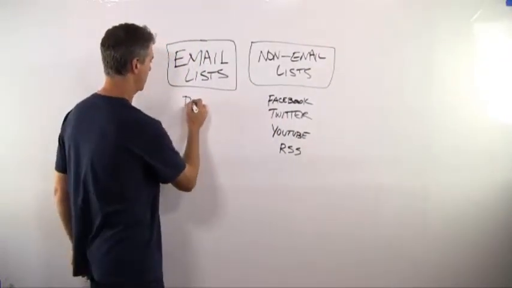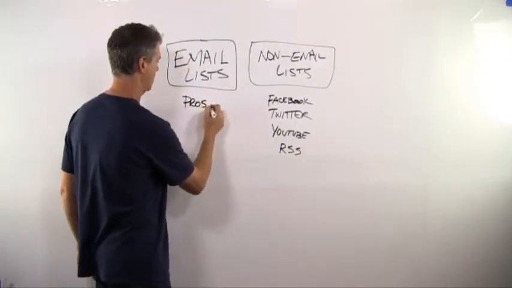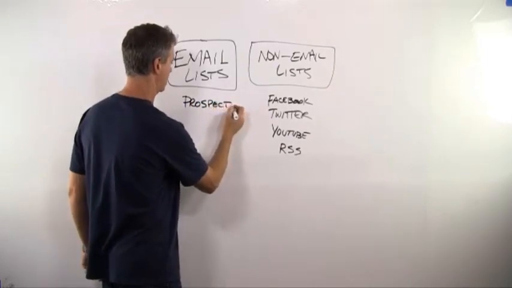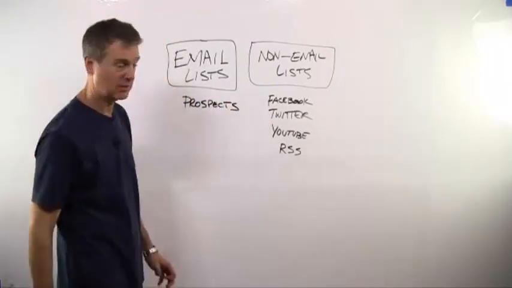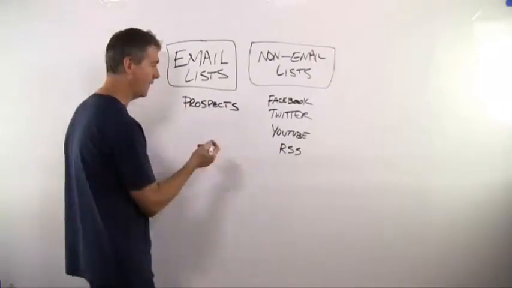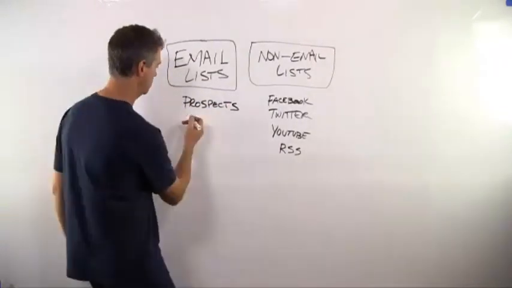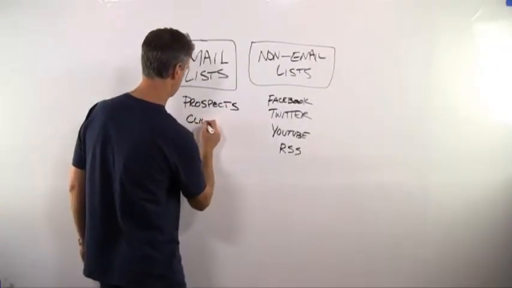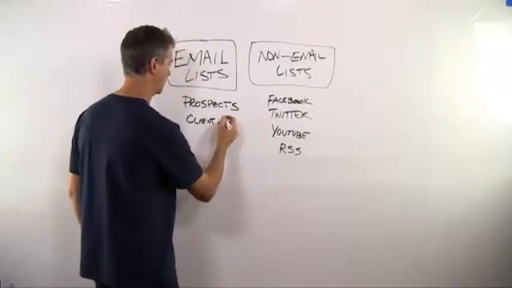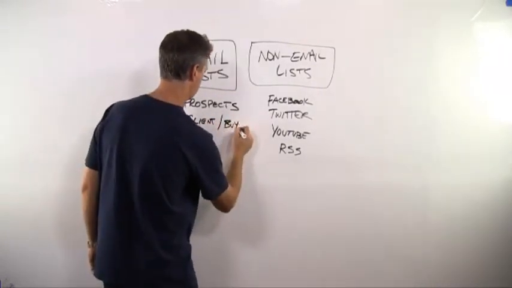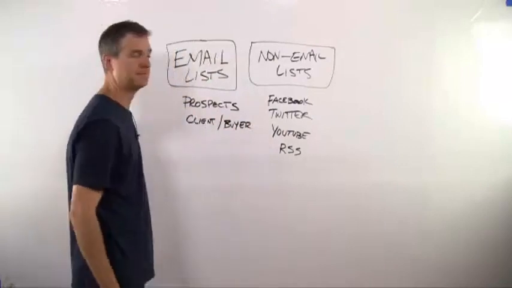Now, under email lists, there's some different lists over here. Your prospect list, okay? These are people that are not clients or customers yet. Then your client list, or we could call that a buyer list.